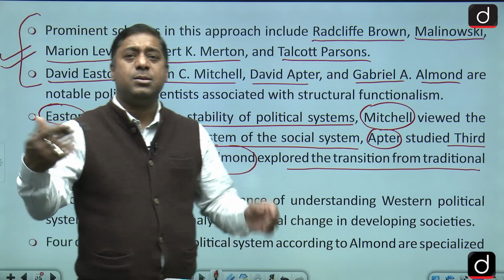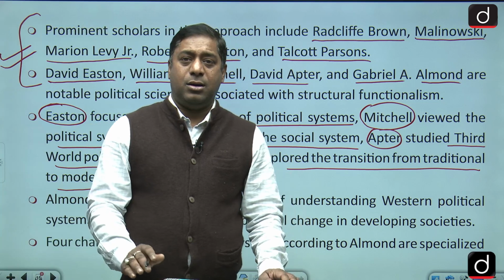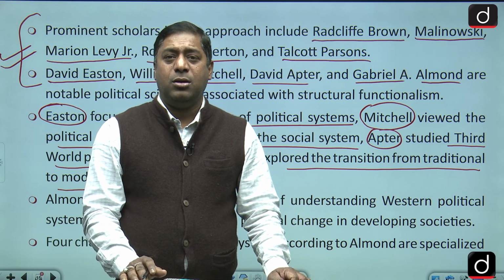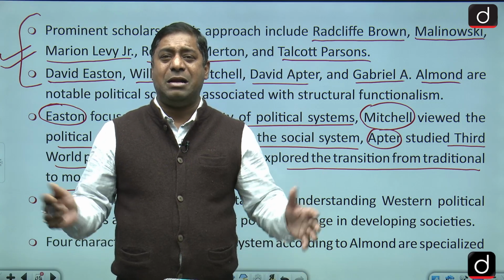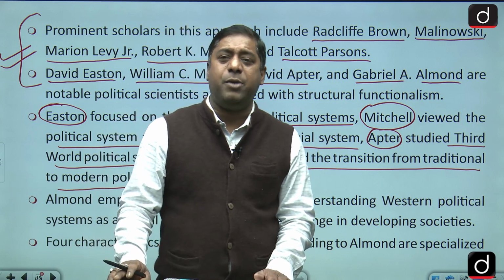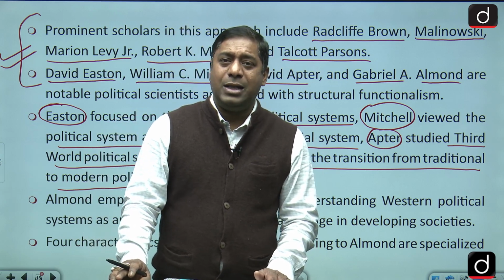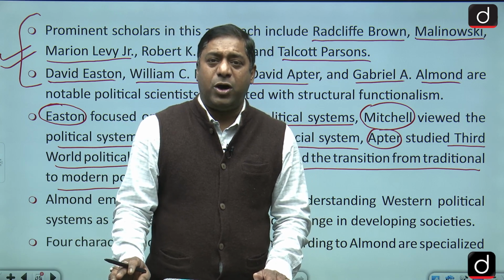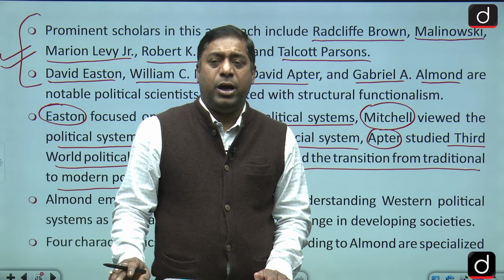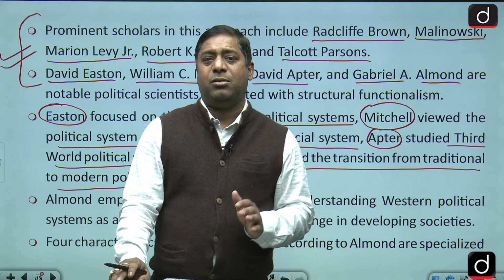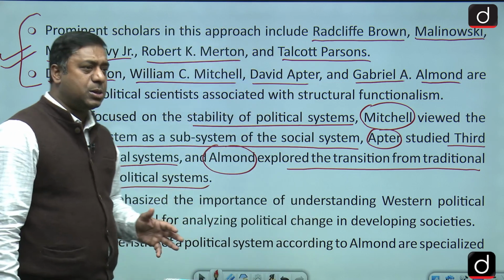Third world means after the 1940s, a lot of Asian, African and Latin American countries got independence. And we all know that this structural functional approach got prominence after the 1960s, mid 1960s.